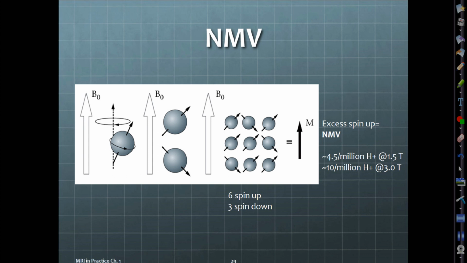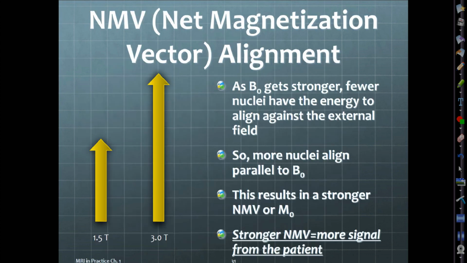So it's a lot of those hydrogen spins you're adding up to create that net magnetic vector. This is just showing you as you go from a 1.5 to a 3 Tesla, once again, it takes more energy to oppose, so you're going to get less and less of those spin downs at a 3 Tesla, so it creates a larger net magnetic vector.